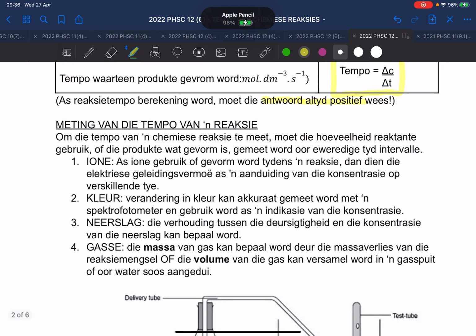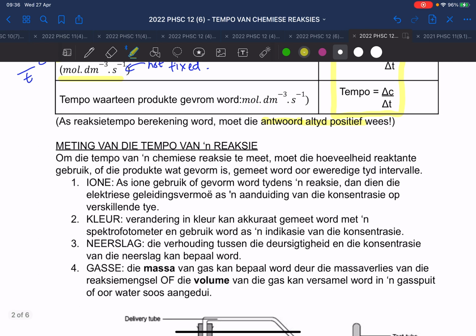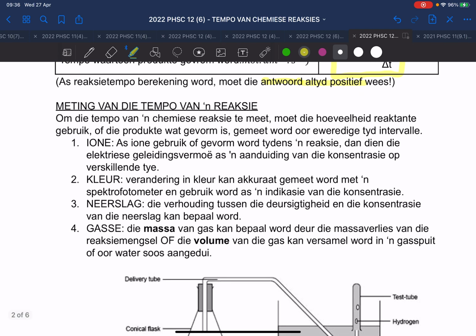Okay. Now, how do we measure the rate? Hoe meet ons die tempo van 'n reaksie? And we're going to do a few experiments today, hopefully. Okay, we are going to determine the rate, the tempo. You determine by getting the amount of reactants that is used, die hoeveelheid reaktante wat gebruik word, or the products that are formed.